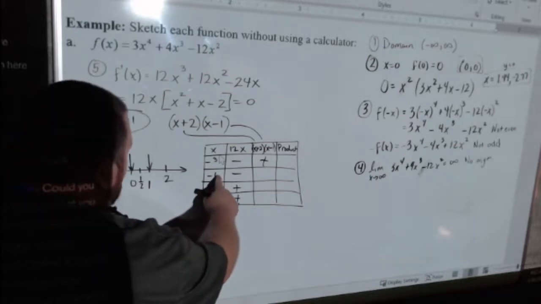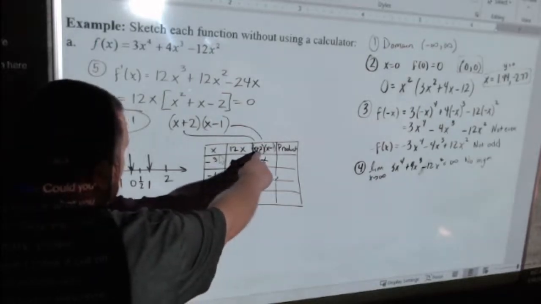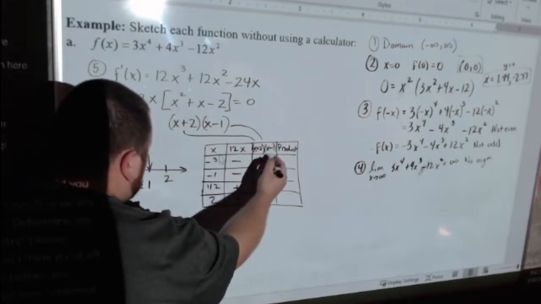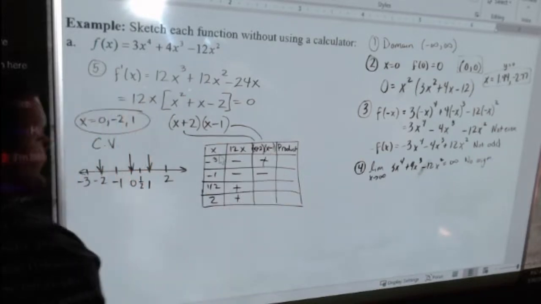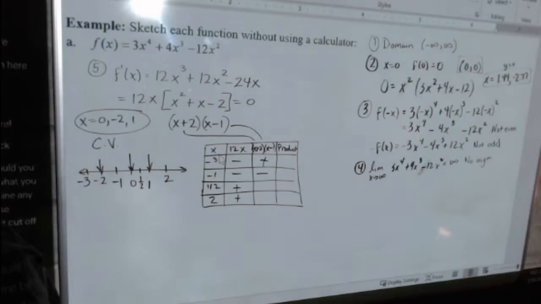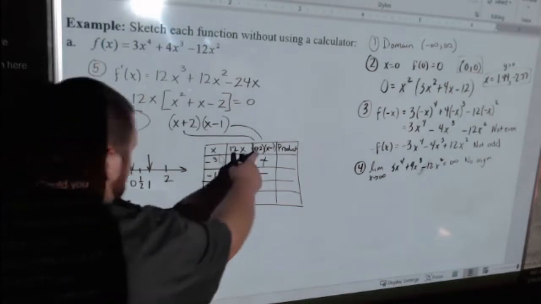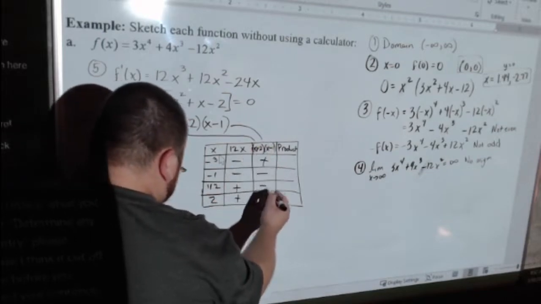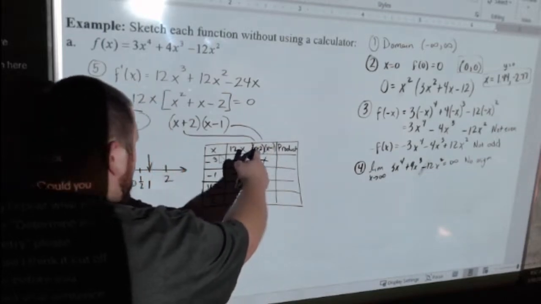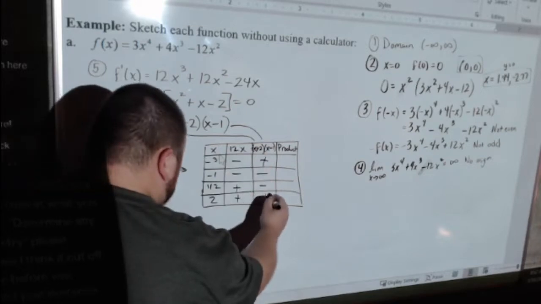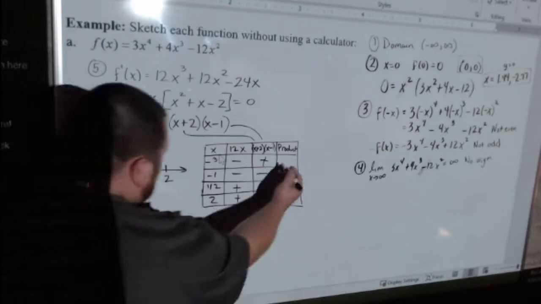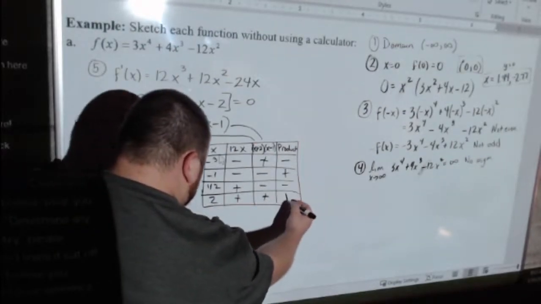Plug in a -1. -1 plus 2, that's positive. -1 minus 1, negative. So that's overall negative. And then plug in a 1/2, so you get positive and negative. And then plug in 2, you get positive, positive. And then write down the products. So negative, positive, negative, positive.